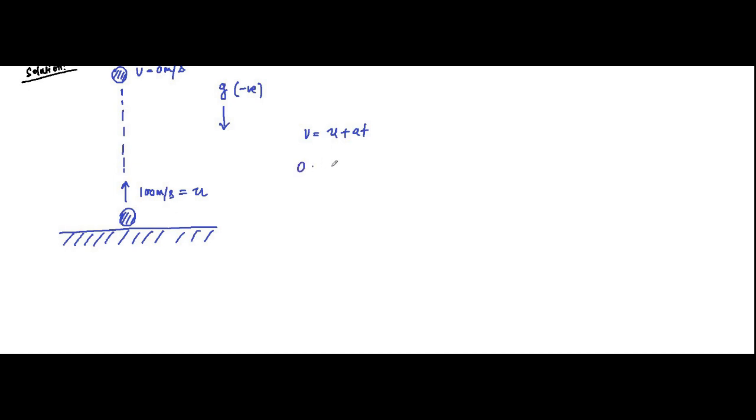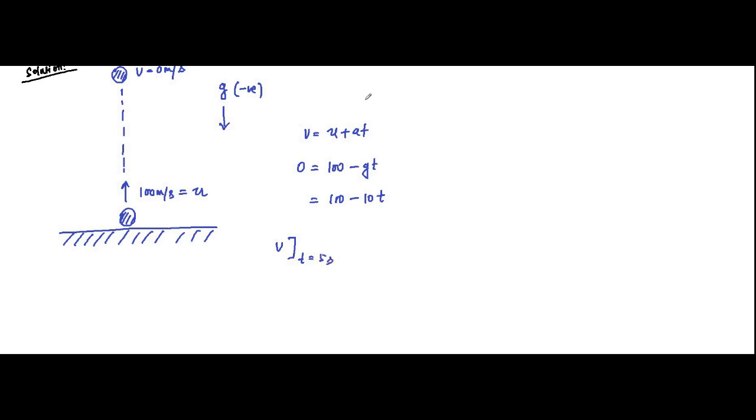Final velocity is 0, initial velocity is 100, a is equal to minus g because it is opposing motion, and then we determine the time. So it is 100 minus 10t. We'll take 5-second intervals. So velocity at the end of t equals 5 seconds.